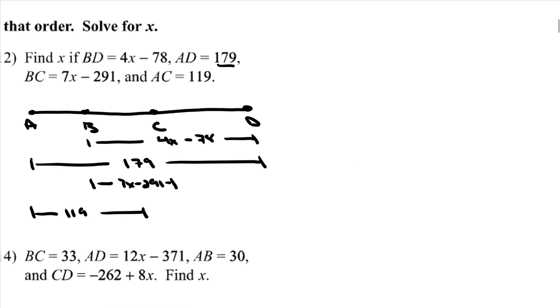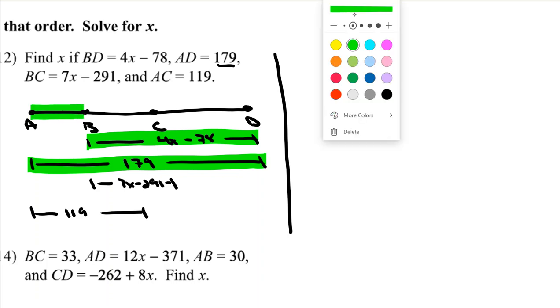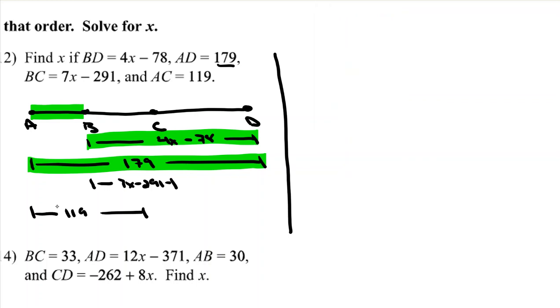Okay, the trick to these questions is to figure out how to use the segment addition postulate. I see the whole thing here. So that's going to be one side of my equation. And I have BD, but it looks like I have to figure out what to do because I really want AB. Now, if you notice what AB is, AB would be AC minus BC.